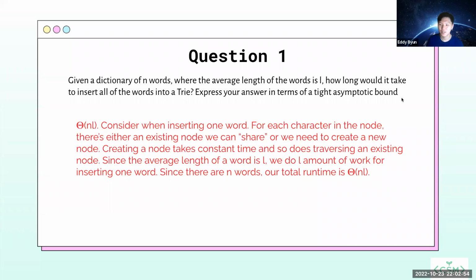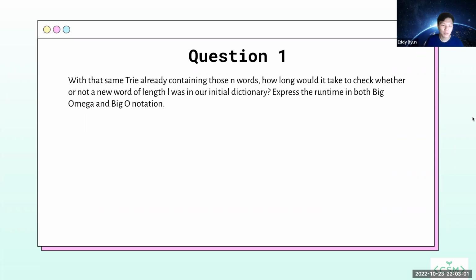Okay, cool. So hopefully that made sense. And let's move on to part 3 of the question. So part 3 tells us, with that same trie already containing those n words, how long would it take to check whether or not a new word of length L was in our initial dictionary? Express the runtime in both big omega and big O notation.